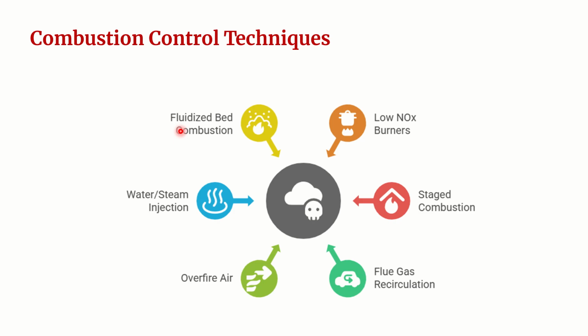So the lower combustion temperature, typically around 800 to 900 degrees Celsius, reduces nitrogen oxide formation. If limestone is used in the bed, it also reacts with sulfur dioxide to form calcium sulfate, capturing sulfur in situ within the combustion chamber.